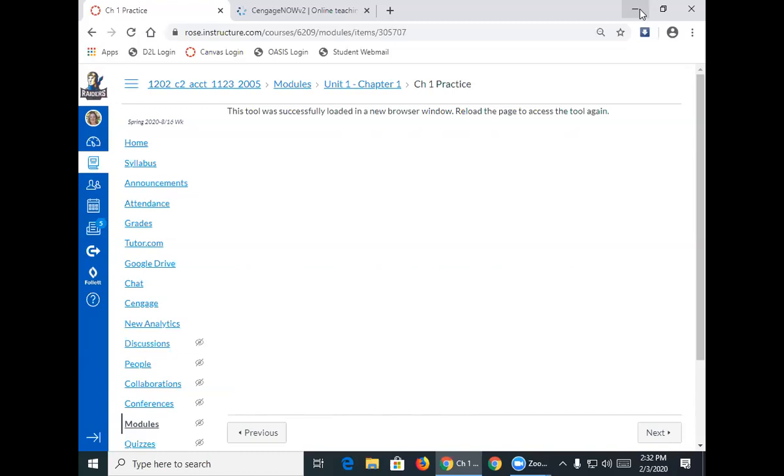So the test is going to focus a lot on those business transactions. Know what a business transaction is. Be able to identify, is that a transaction or is it not? A business transaction is anytime we exchange goods or services or money.